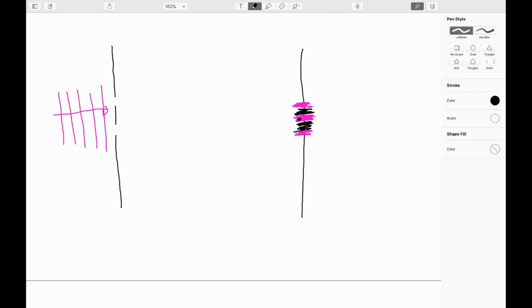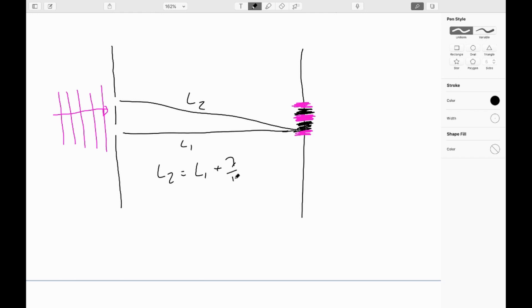it must be the case that the light coming from one of the slits is more or less canceling out with the light coming from the other slit. And that would indeed be correct. If we go and take a look, this is L1, this is L2. As I have it drawn here, we could observe that L2 is half a wavelength longer than L1.